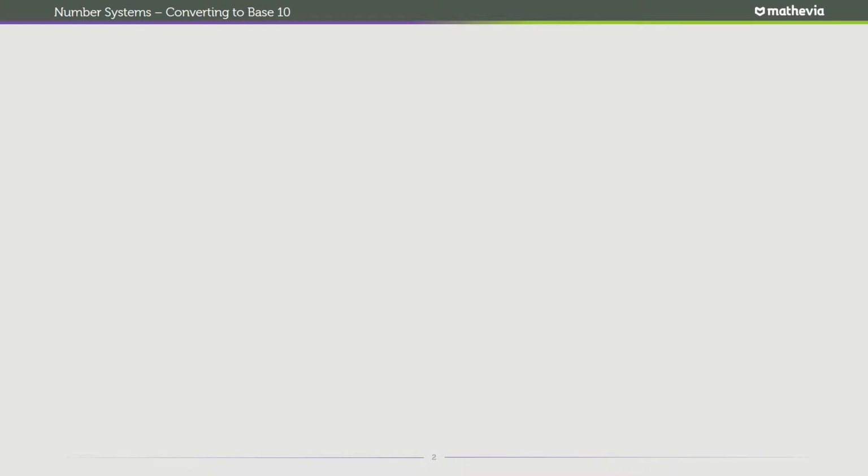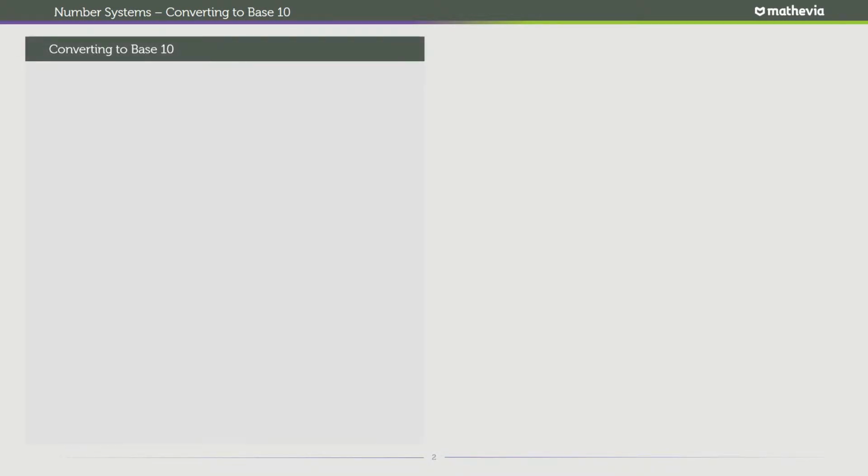So, converting to base 10. Let's do some recap from the last lesson. If you have a number in base 10 and you're looking to convert to another base, for example base 6, you basically just divide by 6. So you have 127 divided by 6. That gives us 21, remainder 1.